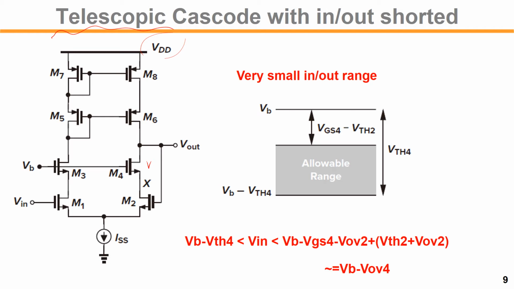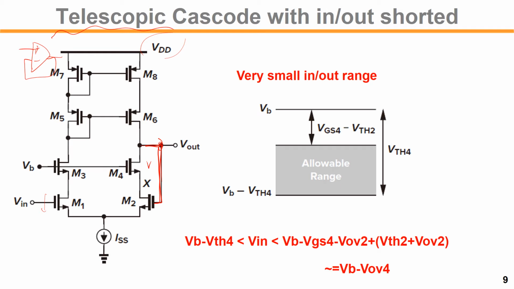Let's calculate the input and output signal range. For the unity gain amplifier, we connect the input and output negative side, so there's a connection here. Now let's find out the range. For the minimum voltage swing, you might think of two things.